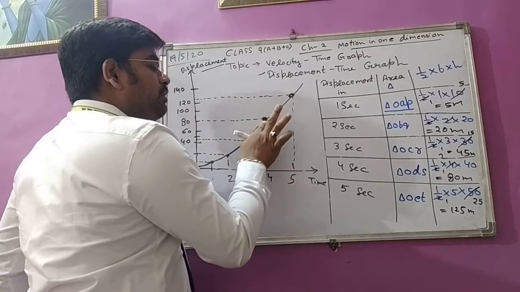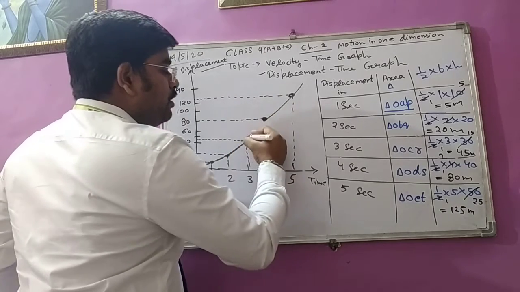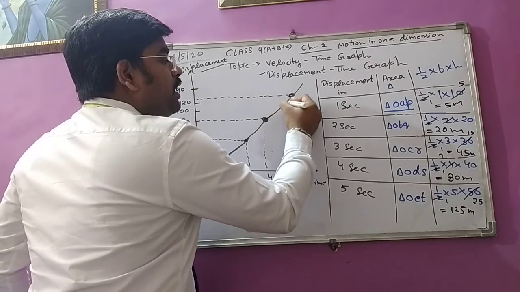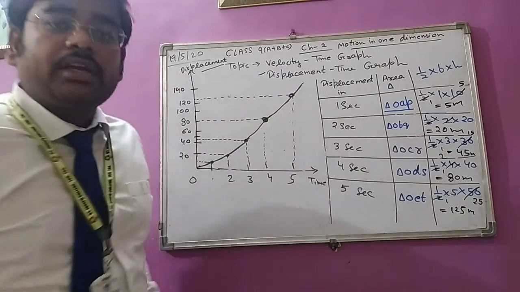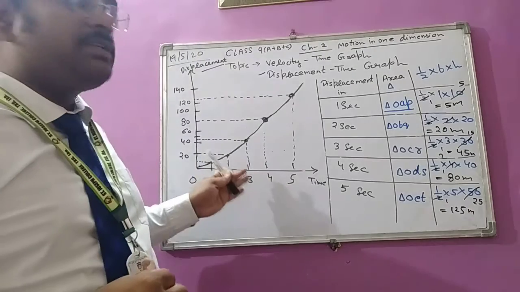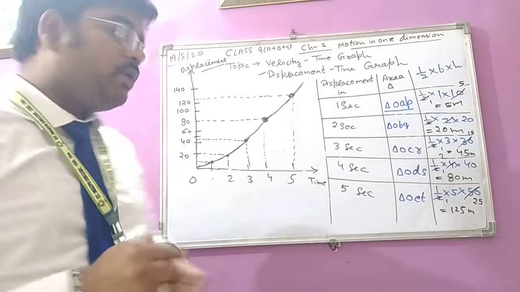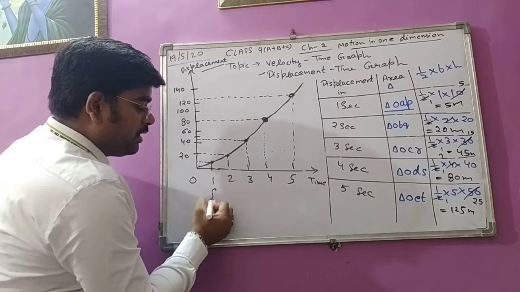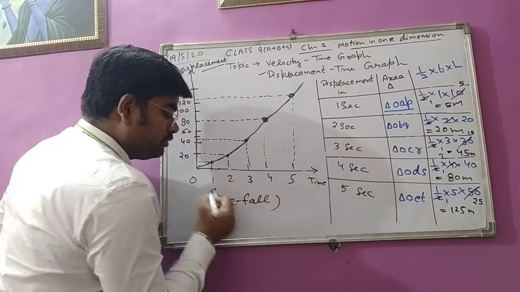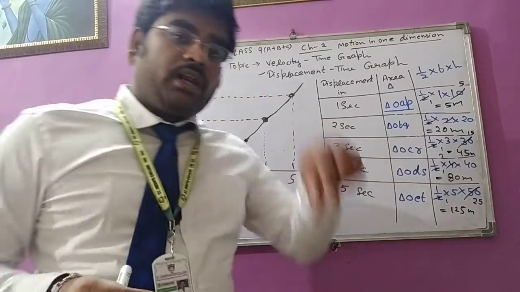That I have plotted with my hand, but if you take correct measurements in your copy, that will give you the correct graph. This is the displacement time graph for a freely falling body. The graph you are getting here is for free fall, when a body is freely falling.